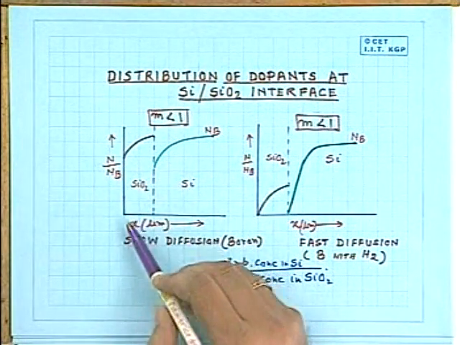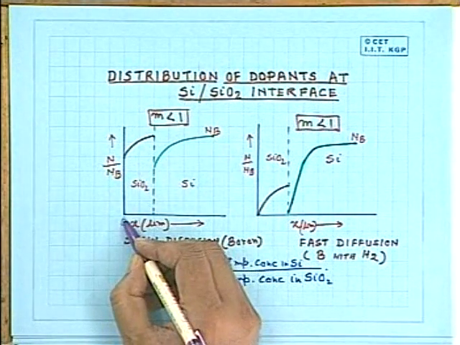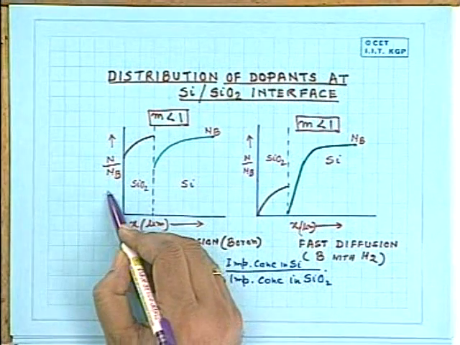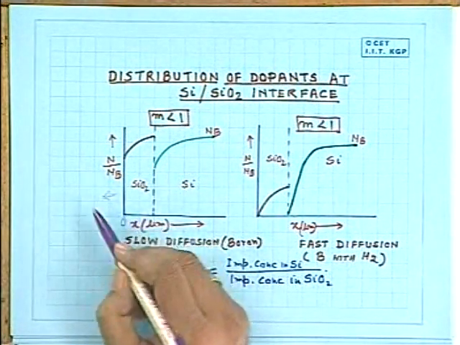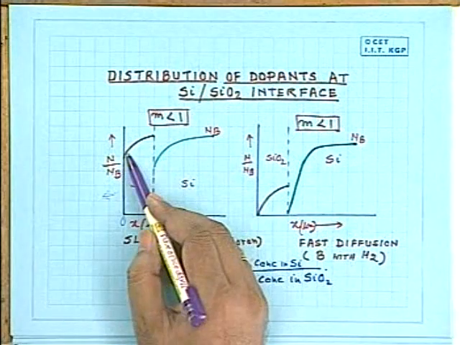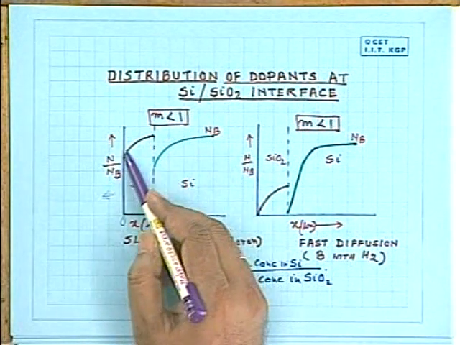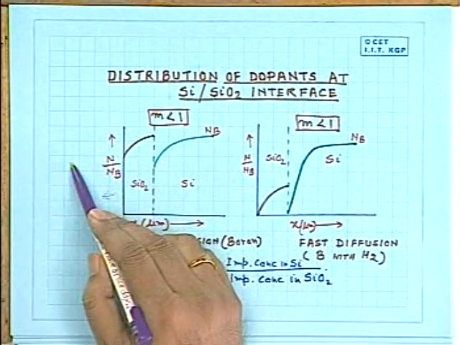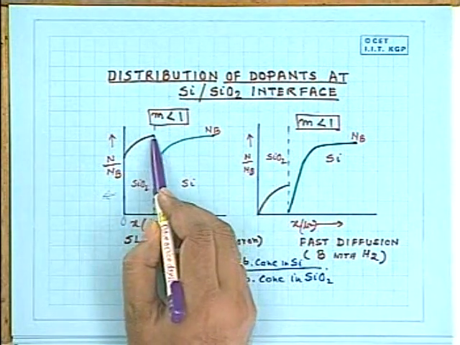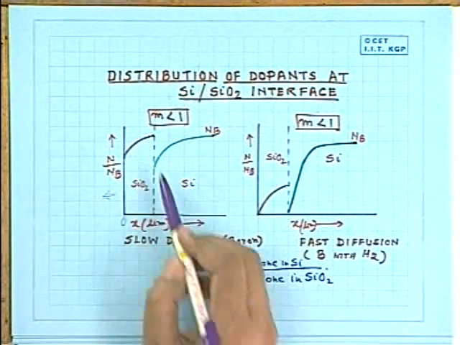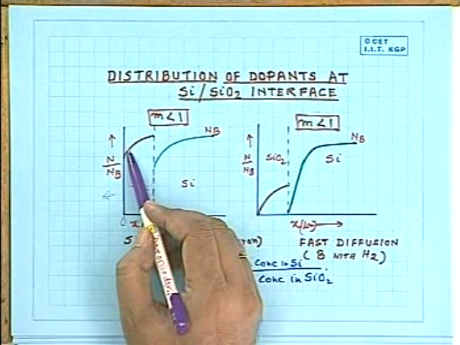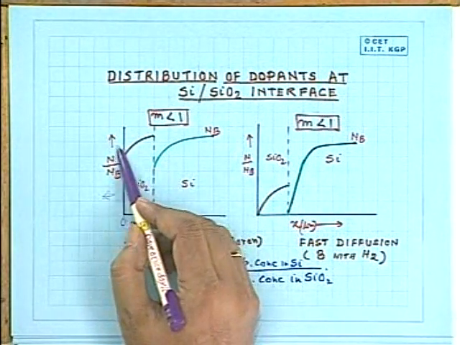You see, this is the surface, x equal to 0 is here, the silicon dioxide interface is here, and this side is the environment, the diffusion environment. Now here, with slow diffusion in silicon dioxide, the dopant atoms will evaporate into the ambient. So that's why it will not be a straight line like this. It is not constant along x.